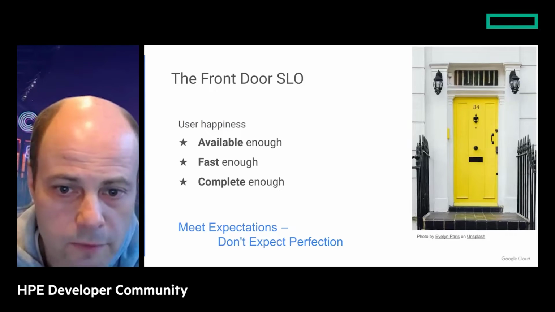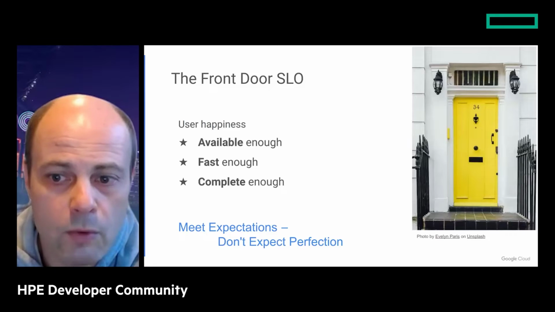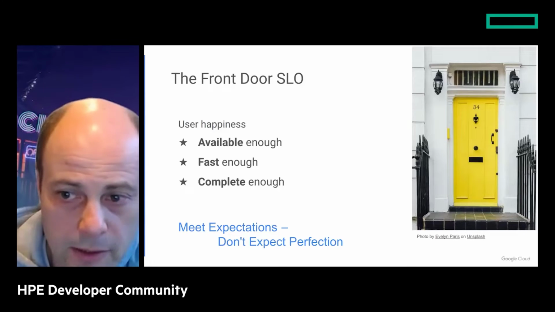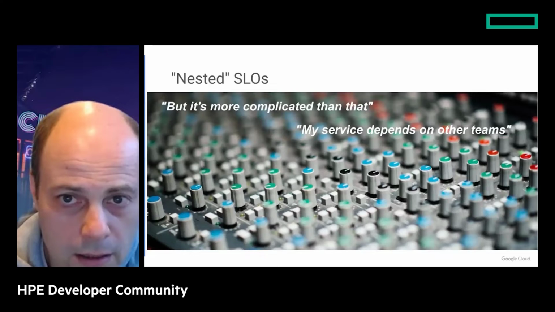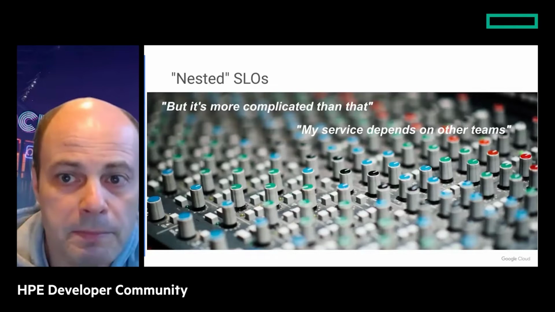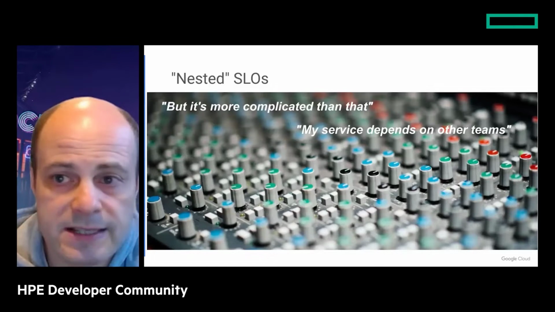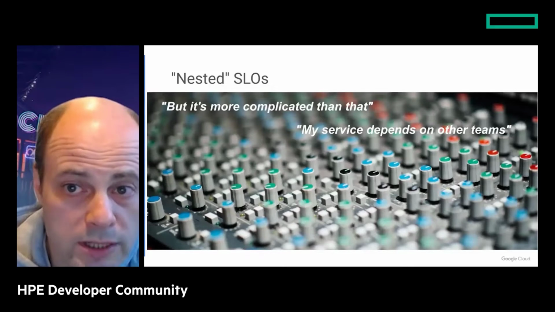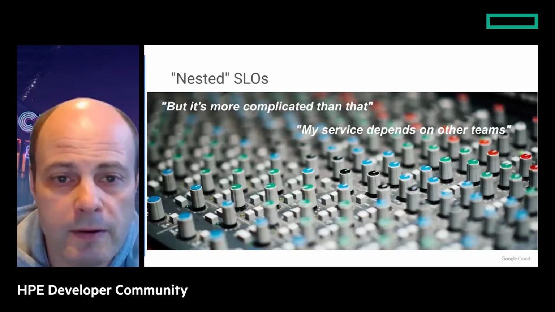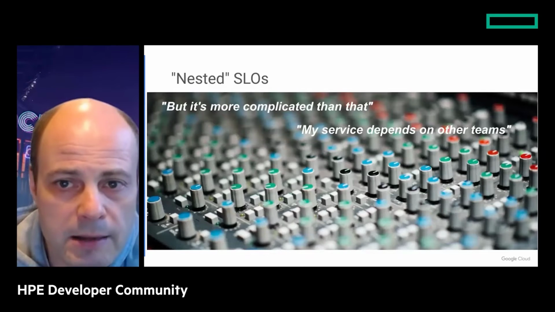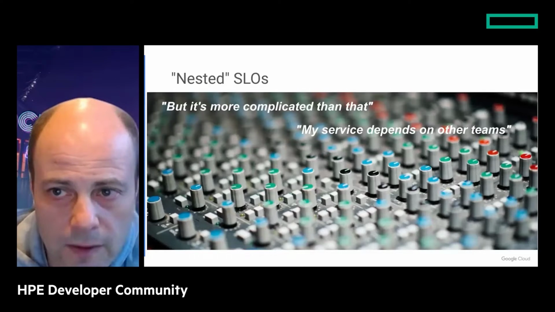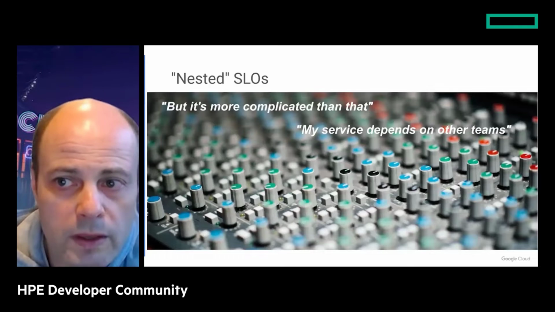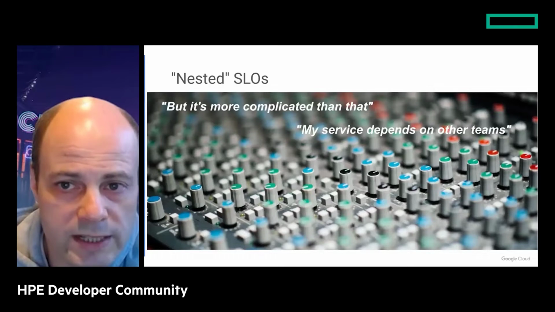So the front door SLOs are often calculated based on the metric of the service, but as they solely depend on performance of the service itself, you may argue that such a thing as a standalone SLO does not exist, and you will be right. There are many other elements in the picture. The service doesn't run alone. The truth is that you almost never own the entire stack.